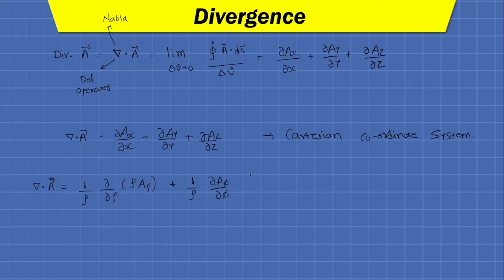We know that the coordinates of any vector in the cylindrical system are rho, phi and z. Fine. Plus del az by del z. So this is how we can calculate the divergence of any vector given in the cylindrical coordinate system.